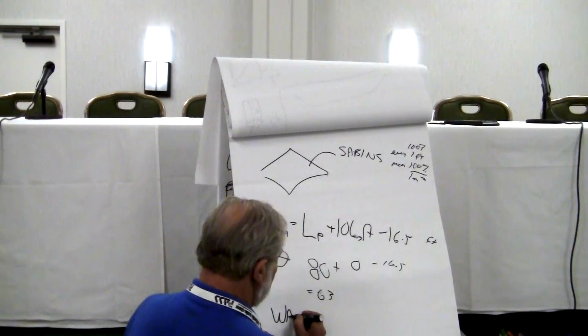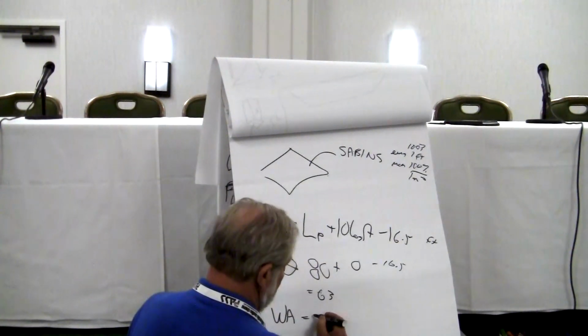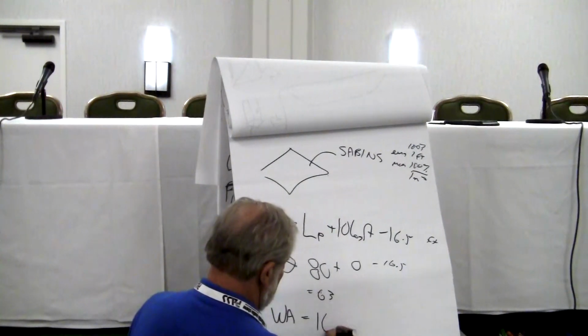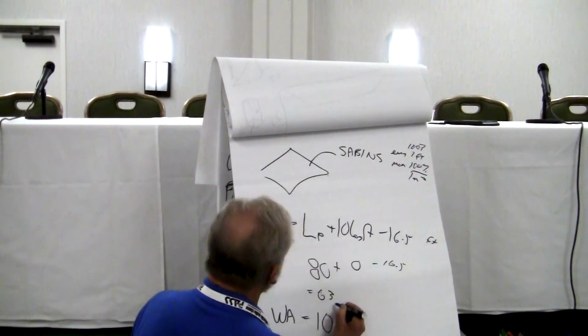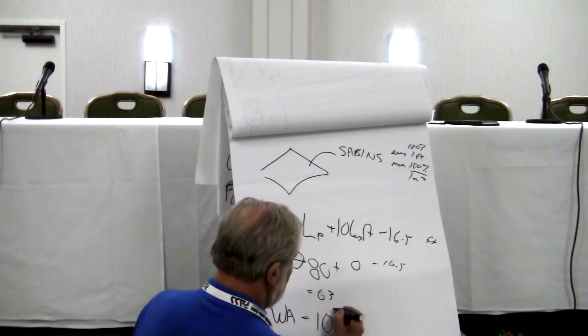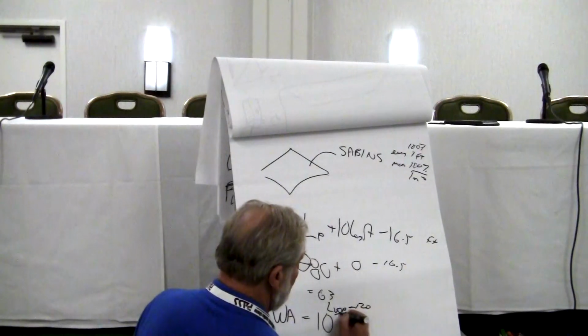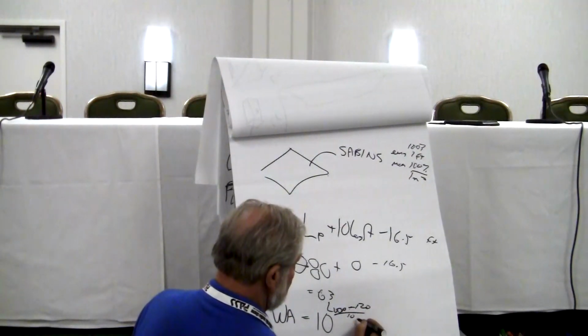If we wanted to look at it in milliwatts, so this is acoustic watts being absorbed, it's the same formula as for loudspeakers: 10 to the sound level minus 120, over 10. So it's the power absorbed minus 120 over 10.